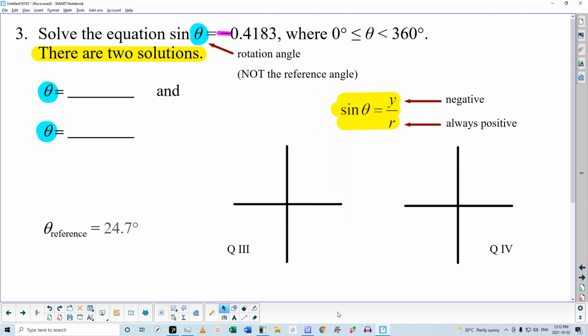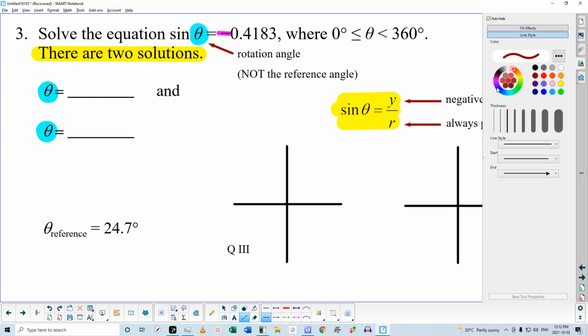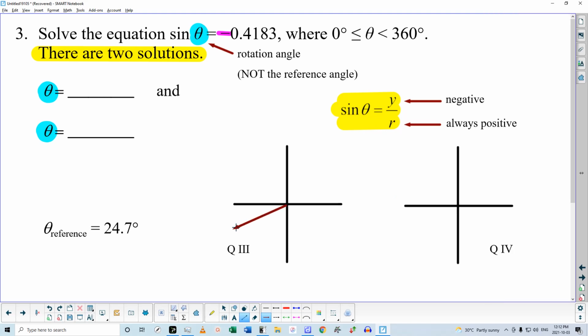So I'm just going to put that up here where we can see it. Now, what does that mean? It means that the terminal arm is going to be lying in quadrant 3 or 4. And if it's in quadrant 3, it will have a reference angle of 24.7 degrees. That means that the angle between the x-axis and the terminal arm will be 24.7 degrees.